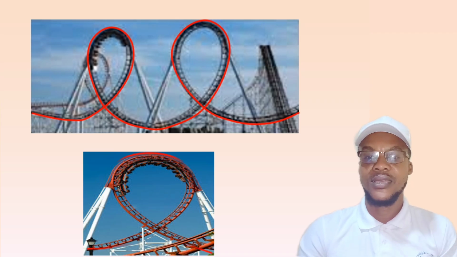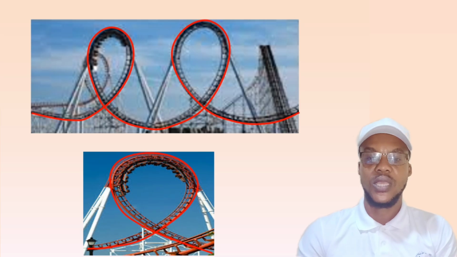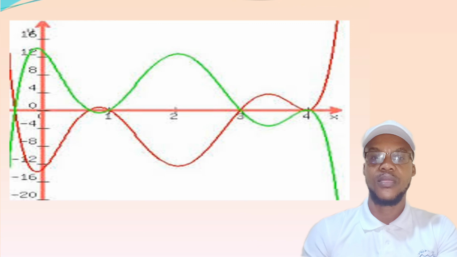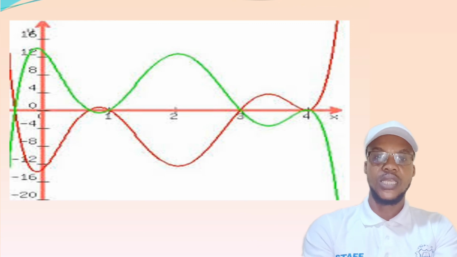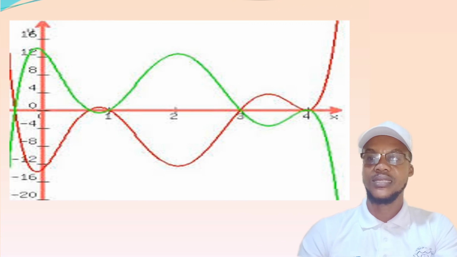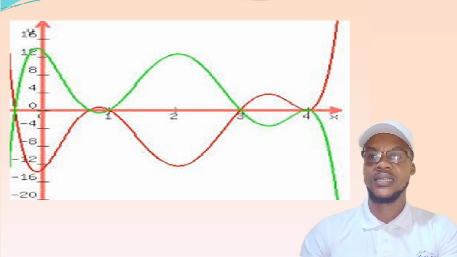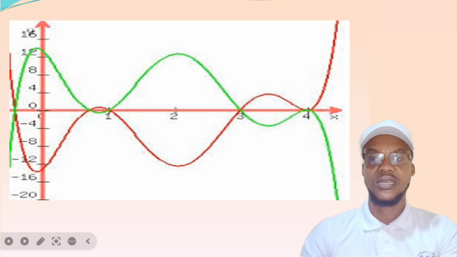That's why I said every aspect of mathematics is very important. If you know the usefulness of it, then you will not joke with it. You can see the graph of a polynomial function, and looking at this graph, the roller coaster looks the same as this.